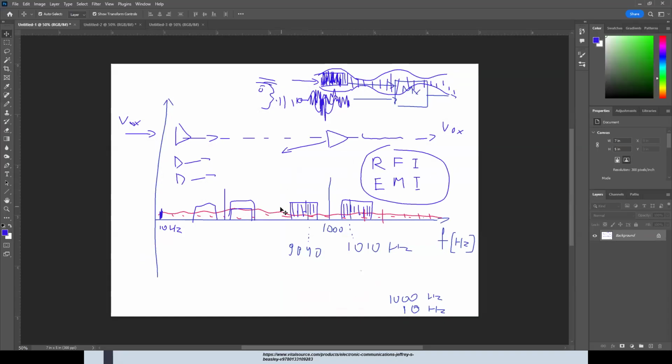It's going to try to go in and out of the bands here, which can create other sidebands, so that's why the limiters are at the final stage.